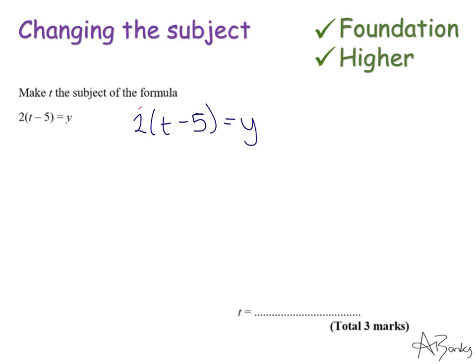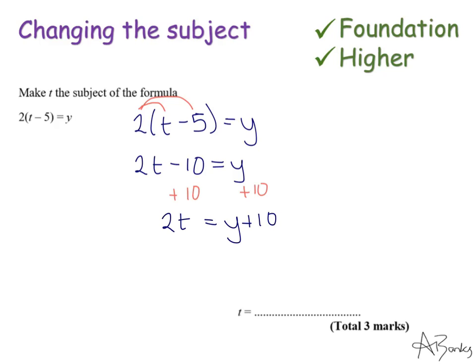I'm going to do 2 multiplied by t, which is 2t, and 2 multiplied by minus 5, which is minus 10. There we go. Now I'm going to make t the subject. The first thing I'm going to do is add 10 to both sides. On the left hand side I'm going to have 2t, and on the right hand side I will have y plus 10.